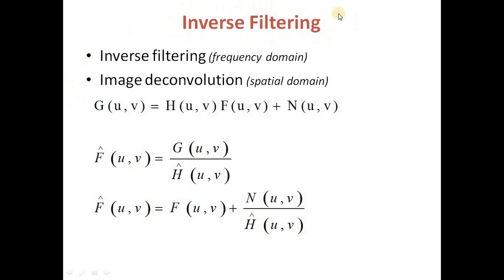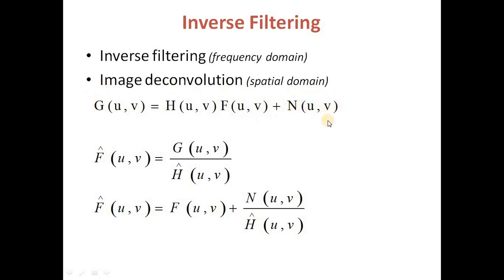So let that estimated degradation function be represented as capital H cap of u comma v, and we have modeled our degraded image G of u comma v as the multiplication of the actual degradation function H of u comma v and the original image in Fourier domain, capital F of u comma v, plus an additive noise represented in Fourier domain by capital N of u comma v.